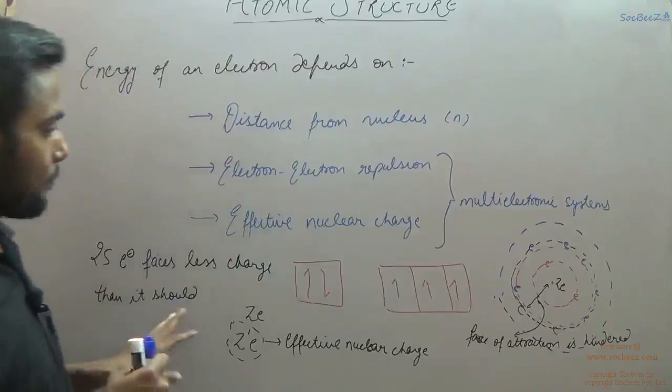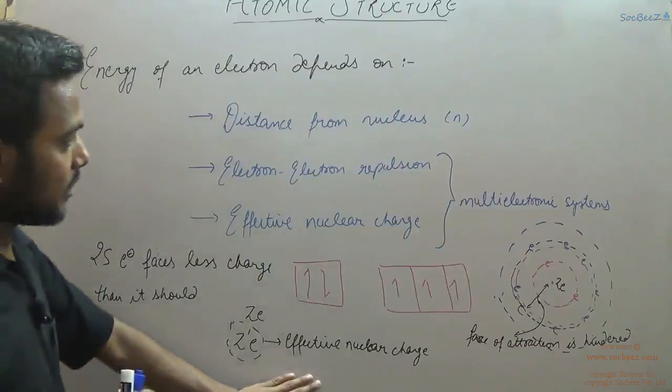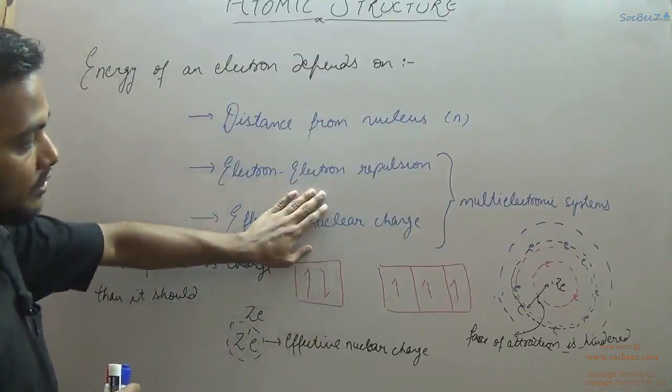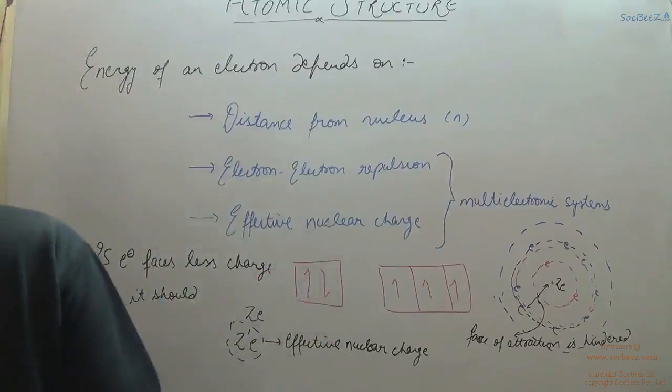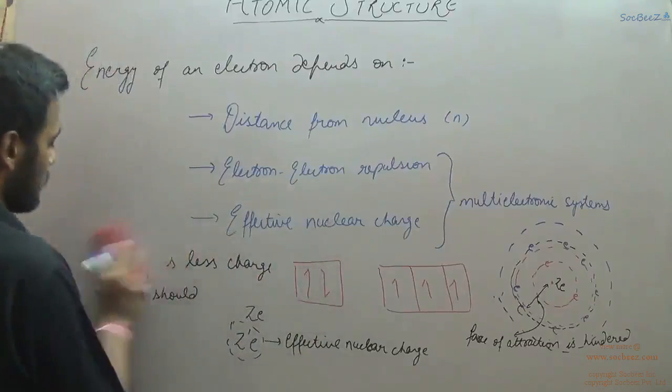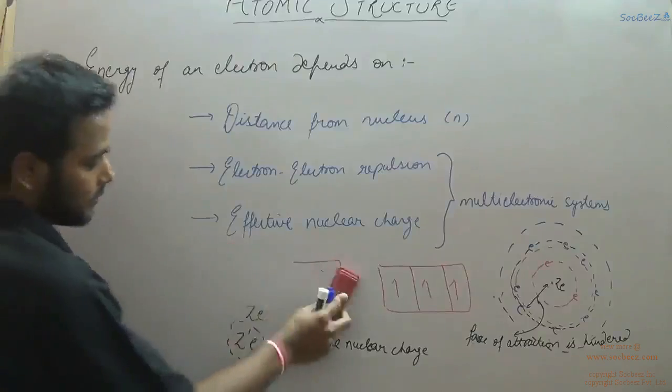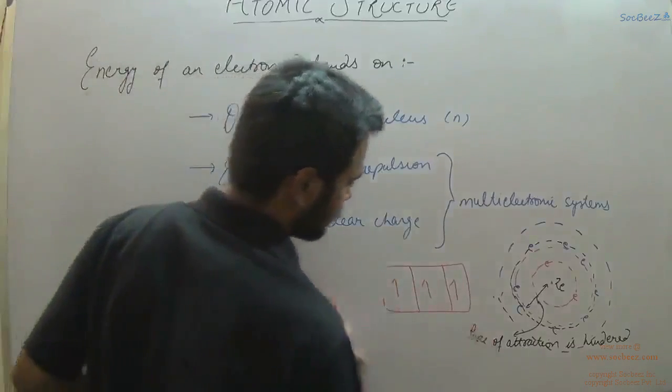Fine. So here, because of effective nuclear charge and electron-electron repulsion, because of these two factors, energy also depends on the azimuthal quantum number, that is l.